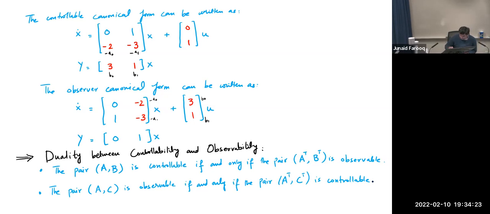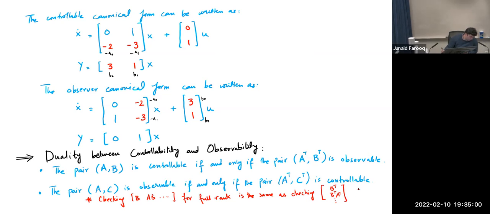So in other words, if I want to write it more clearly for you, it is saying that checking B, AB, and so on for full rank is the same as checking B transpose, B transpose A transpose, and so on for full rank.